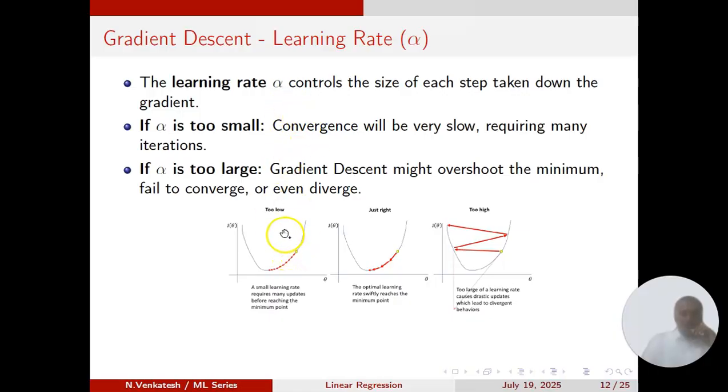If alpha is too small, then it takes many iterations to reach the minimum value. If it is too high, it may overshoot and fail to converge, or it may even diverge. It goes in the opposite direction of the minimum.